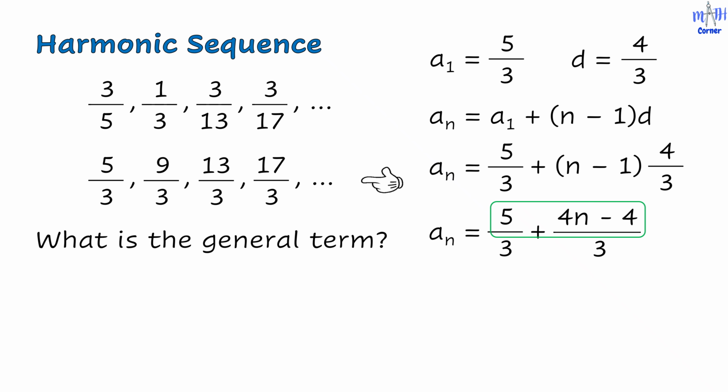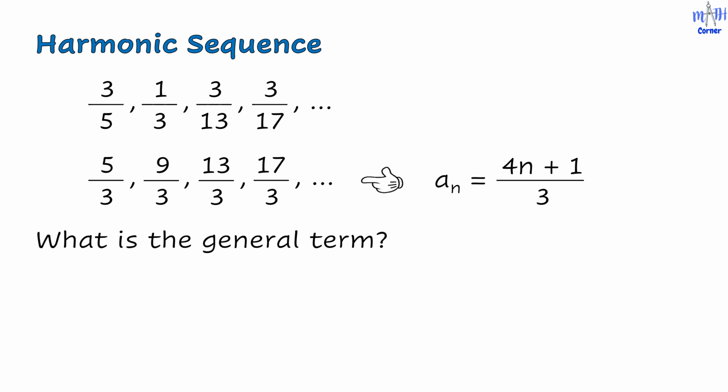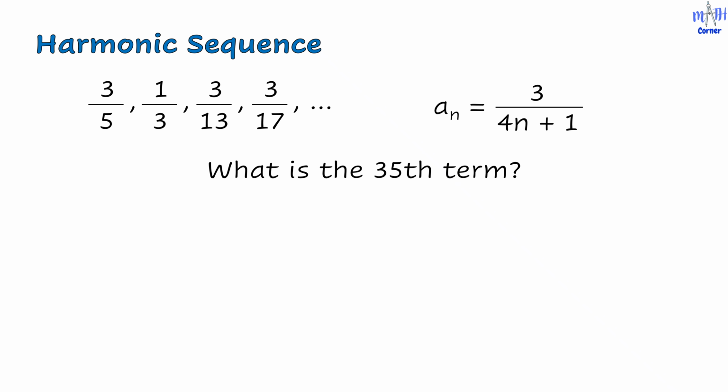Since 5 plus 4n minus 4 is equal to 4n plus 1, then we have a sub n equals 4n plus 1 over 3. This is the general term of the arithmetic sequence. If we take the reciprocal, the general term of the harmonic sequence is a sub n equals 3 over 4n plus 1. Now what if we are asked to determine the 35th term of the harmonic sequence?